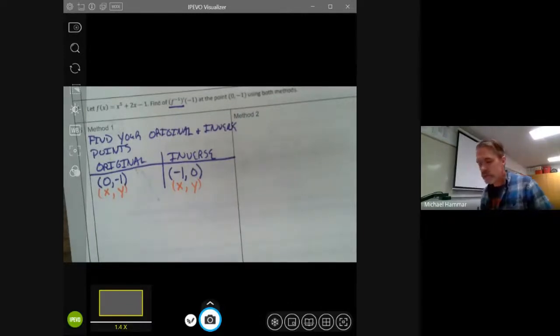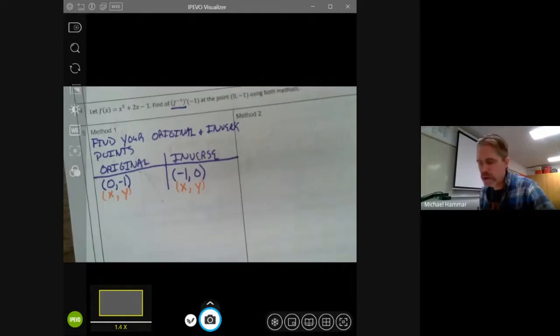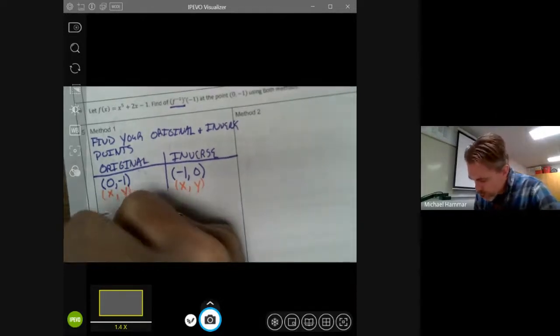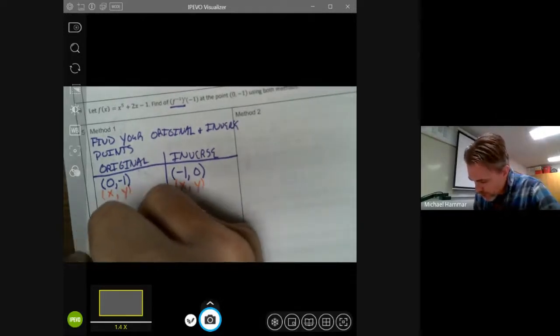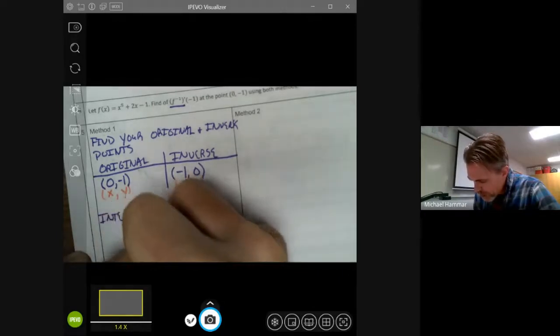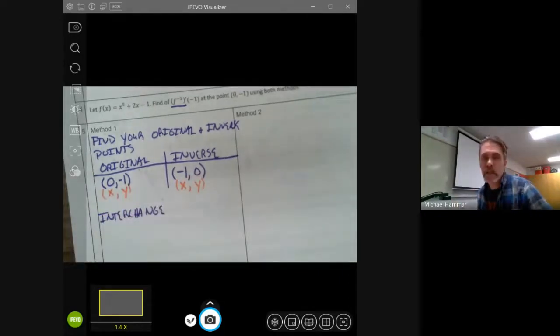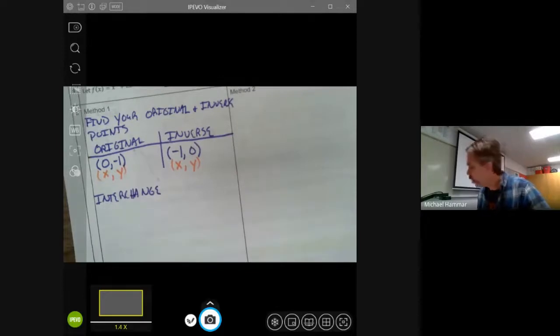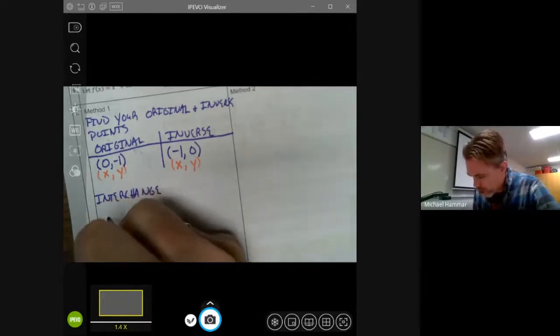So method 1 is the interchange method. That simply means you are going to interchange your x's and y's and then derive implicitly. Okay? So let's start with our original equation.